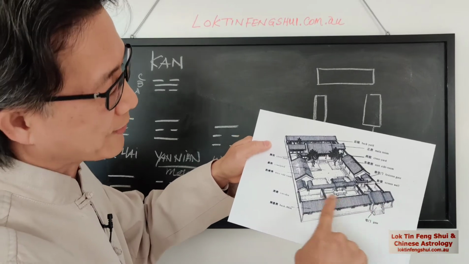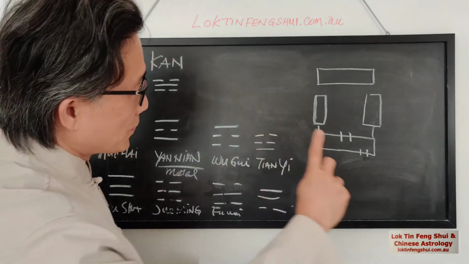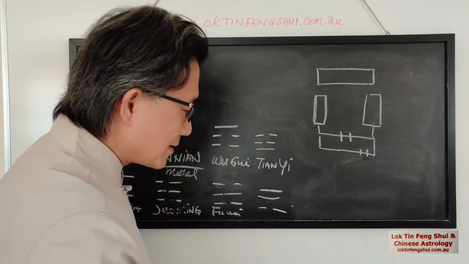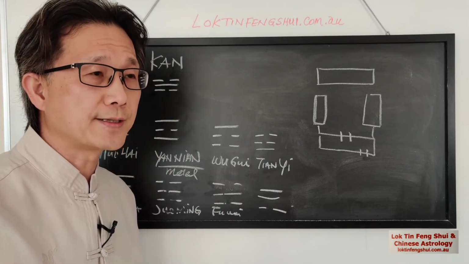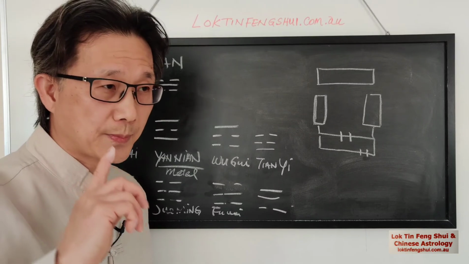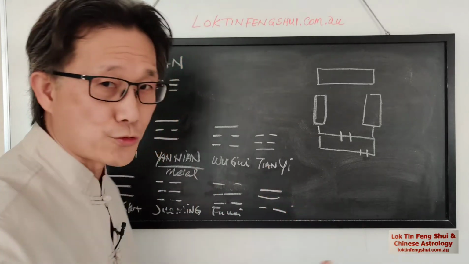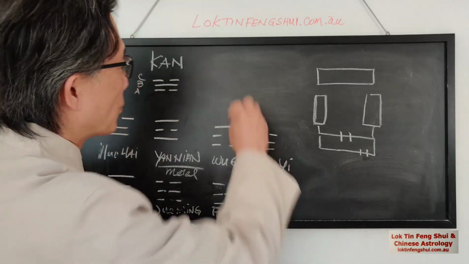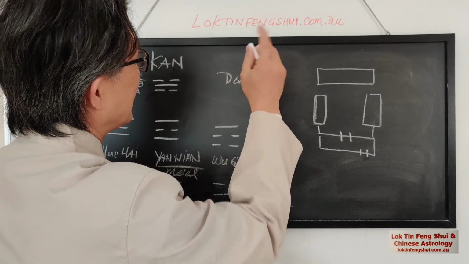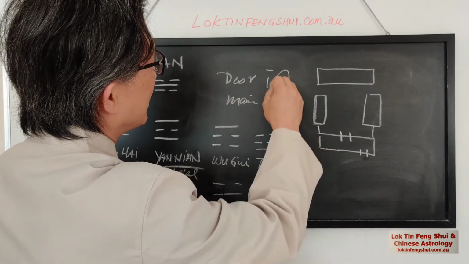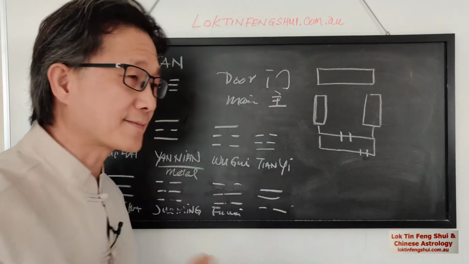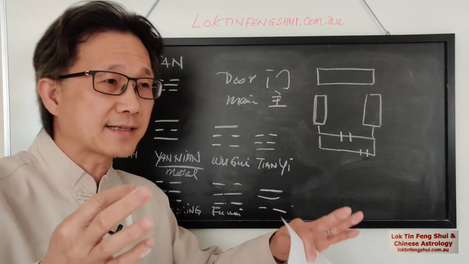Outer fence, okay? So in the 8 House method of Feng Shui, they call it Ju, the door and the main. Mun and Ju, Ju is the main part.